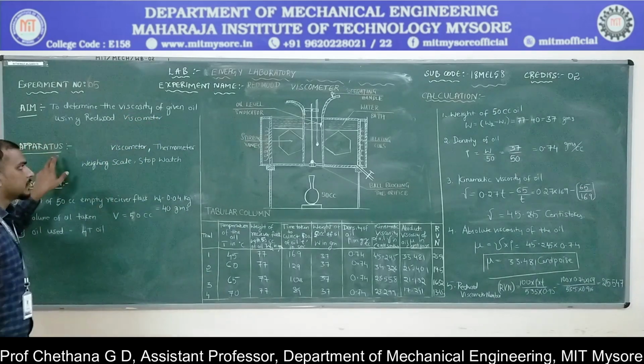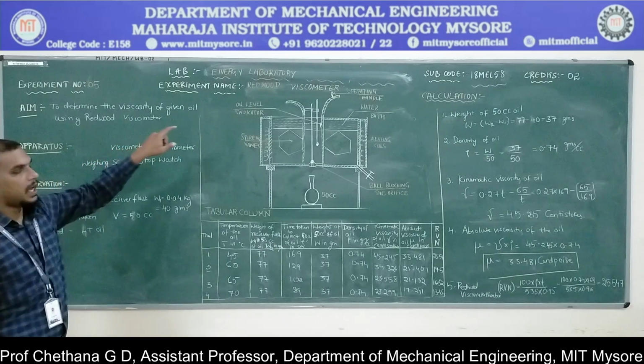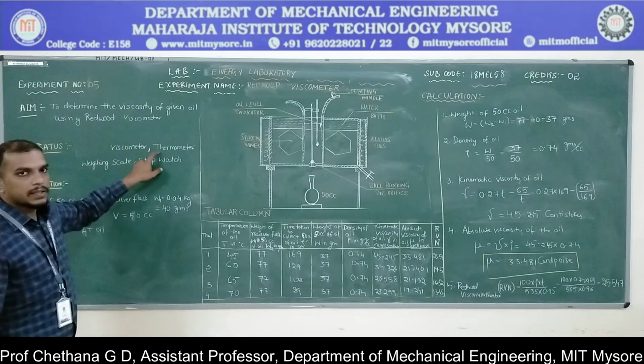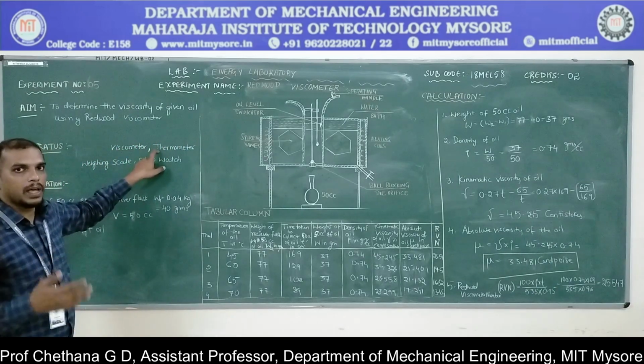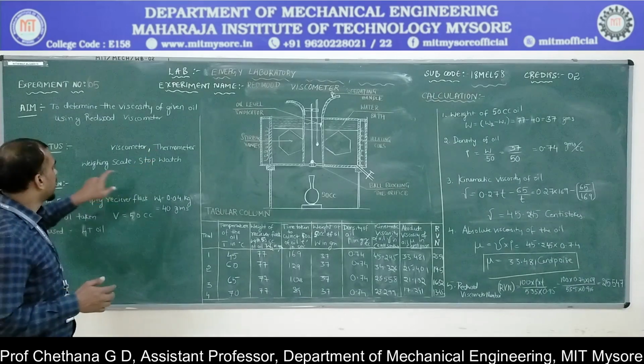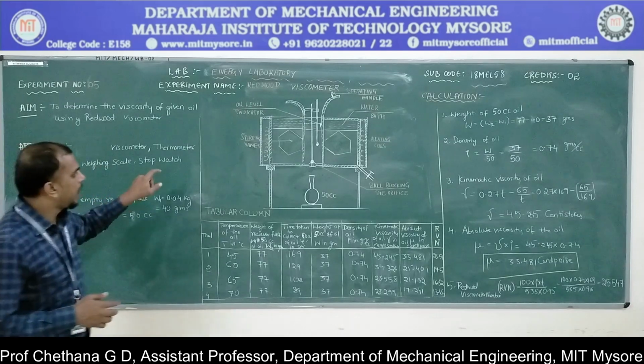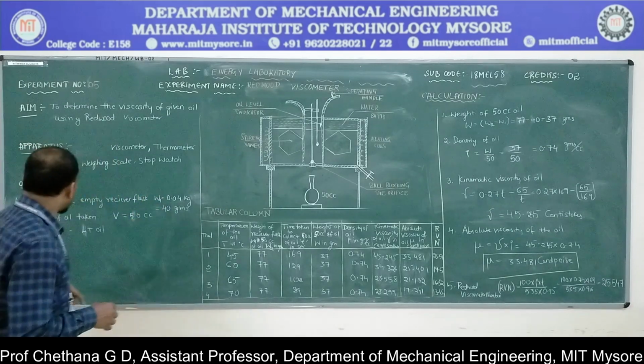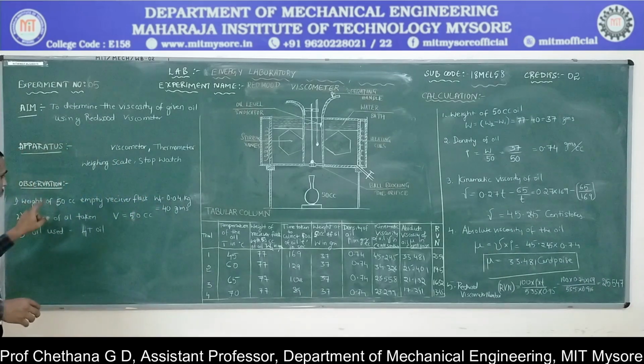Now look at the apparatus which is required. We need a viscometer, and a thermometer is needed because we are going to conduct the experiment at different temperatures. Then we need a weighing scale and a stopwatch. Observation: we are taking 50 cc of oil.